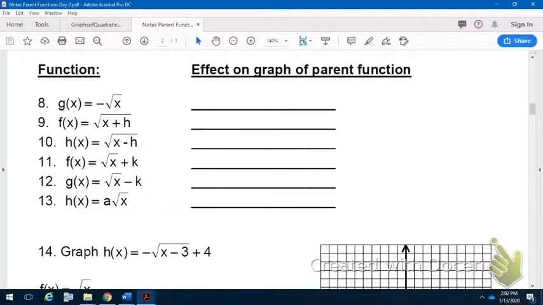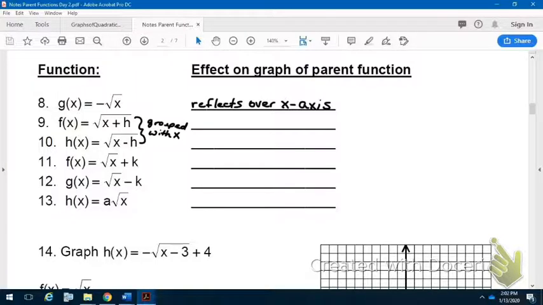And so the effect on the graph, again, we did this with quadratics. The negative in front is a reflection over the x-axis, so it reflects over the x-axis. And remember, when you have your left-right shift, it's grouped in with the x, and this grouping symbol is a square root symbol.